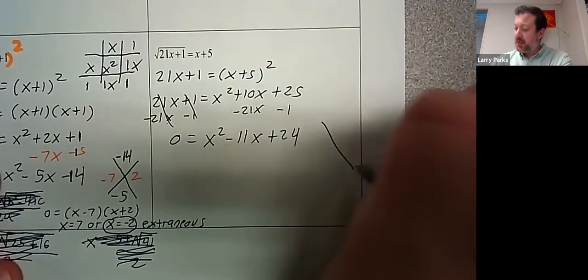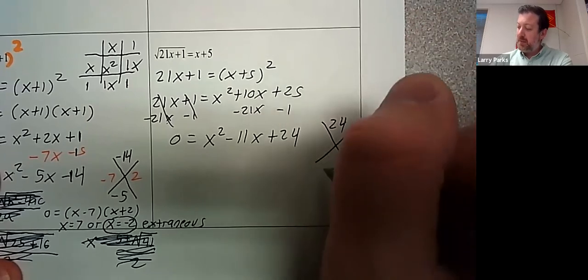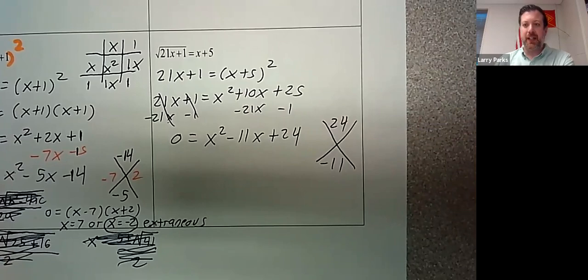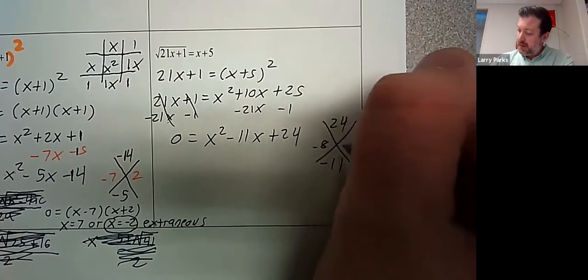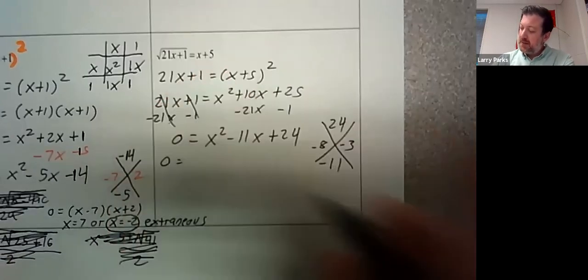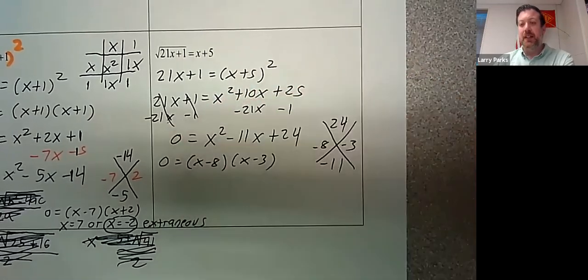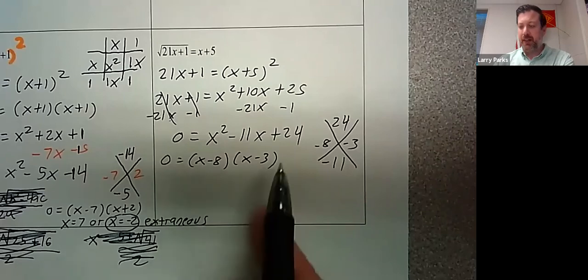Looking for two numbers that multiply to 24, but add to negative 11. Be negative 8, negative 3. So I get 0. It's x minus 8, x minus 3. Use a zero product property, I get 8 and 3.